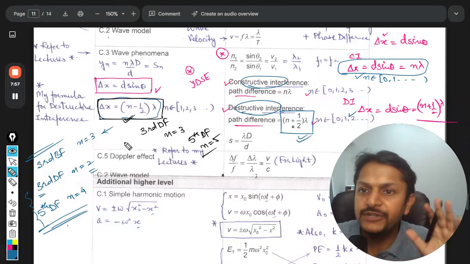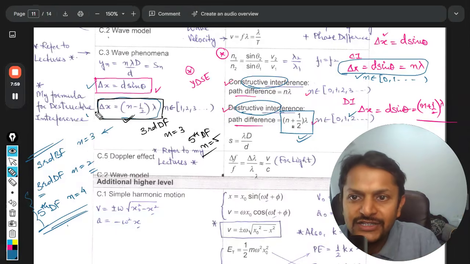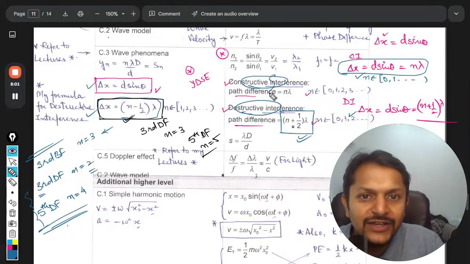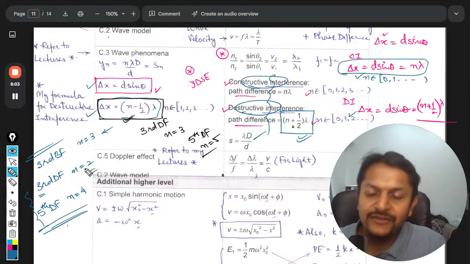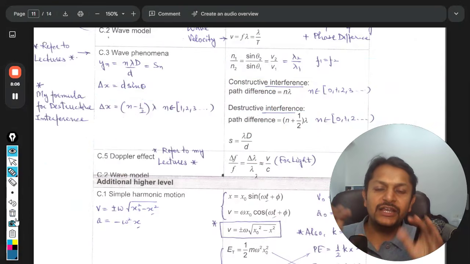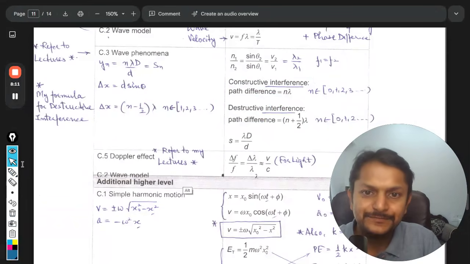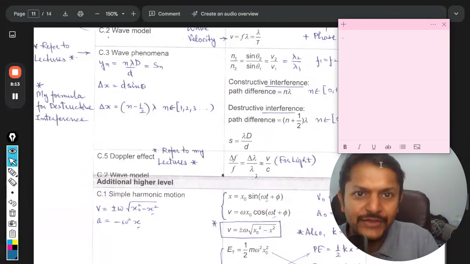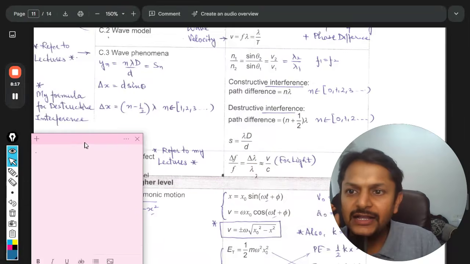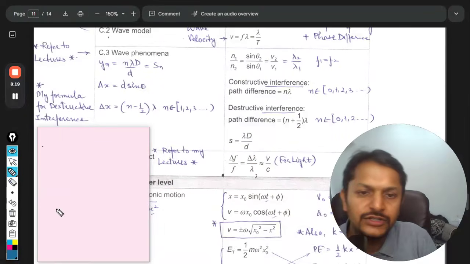That is the objective. So this is done, and we have learned everything about the path differences here. This is about the interference, but interference is not yet over. Listen to me. Apart from that, there is something that I want to use here.